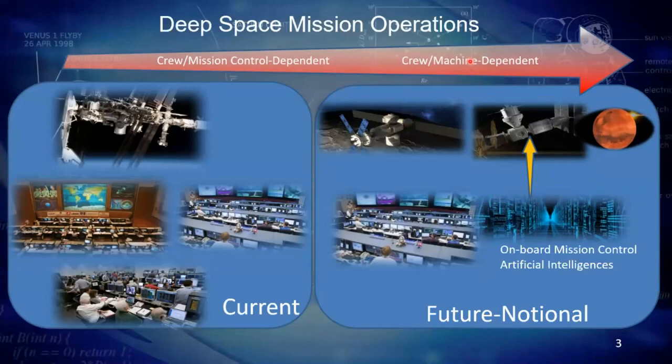Along the way, we have major complex systems that we're going to be developing, and those complex systems are going to require human interfaces, simply because we're going to have humans in there. These human interfaces are going to have to be very adaptive, very robust in handling all the different situations that can occur on a deep space mission.